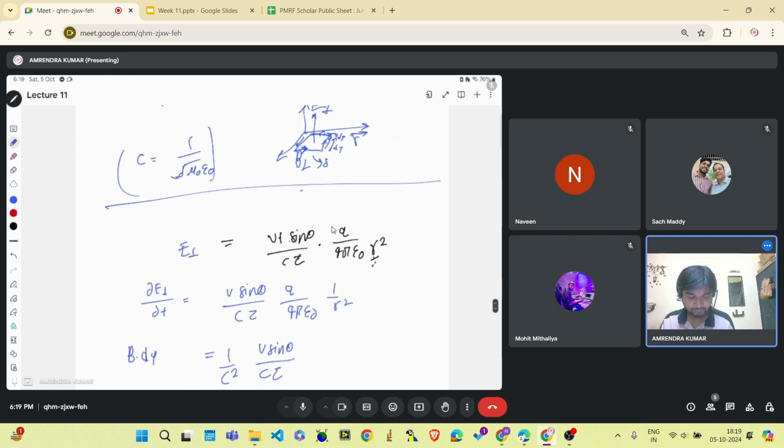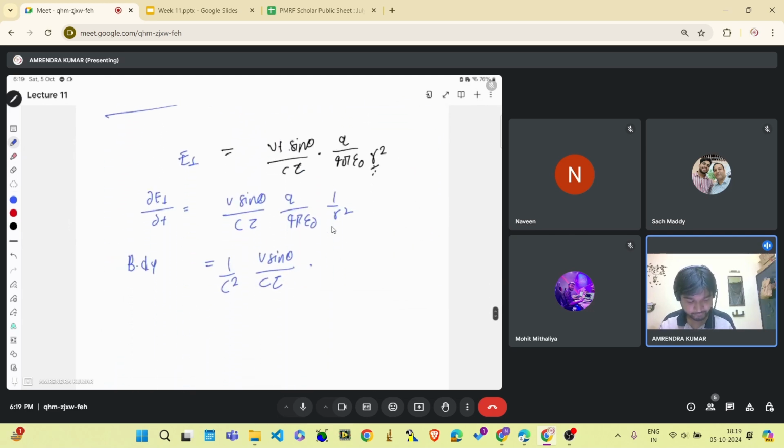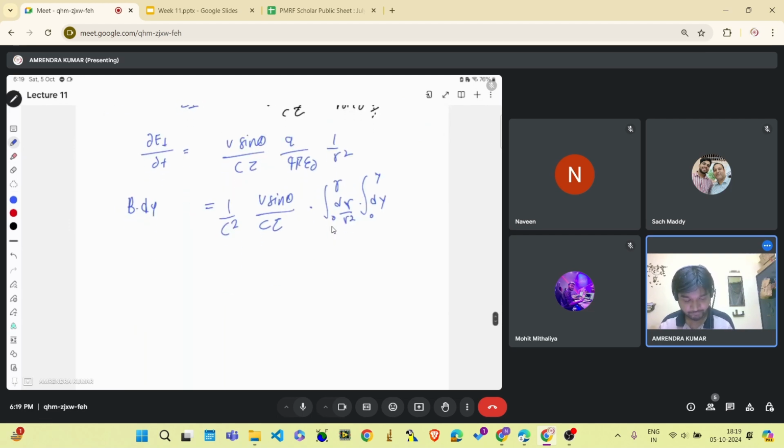So dA will be dr dy. We can just integrate from 0 to r, 1 over r square, and this one from 0 to y.